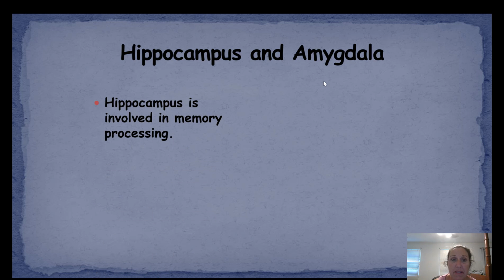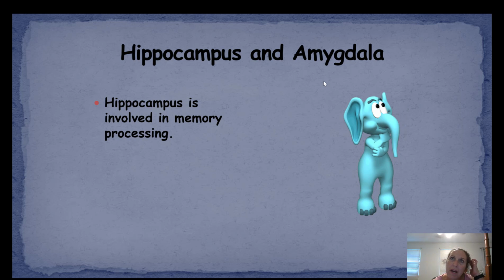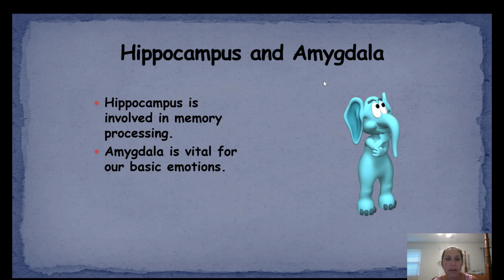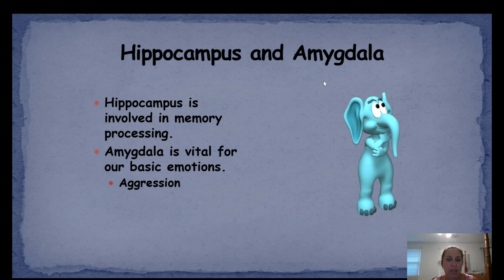The hippocampus is involved in memory processing. It is named after the seahorse, because hippo is actually like a seahorse thing, and it's supposed to look like a seahorse. And the amygdala is vital for basic emotions, okay? So this isn't complicated emotions. This is like anger, like happy, very basic emotions.